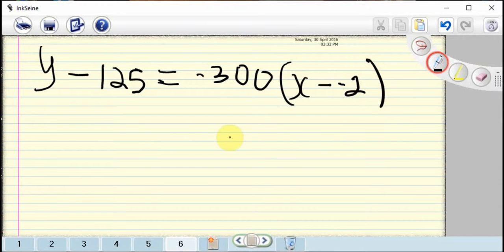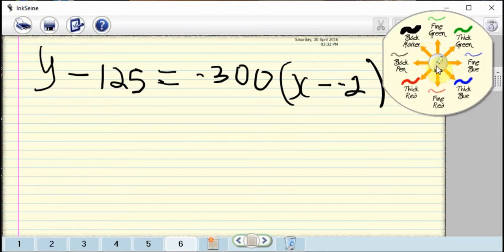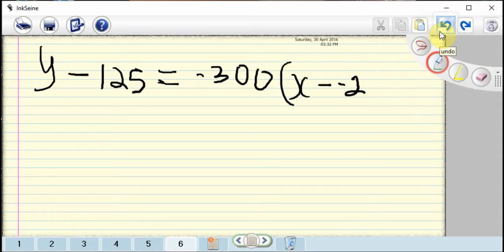So please remember that the minus negative 2 right there will become plus, right?